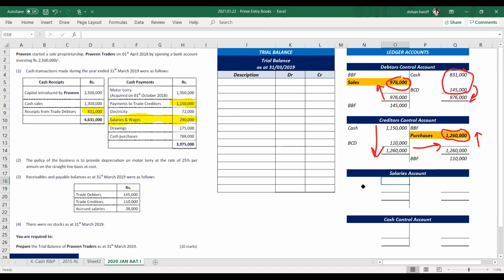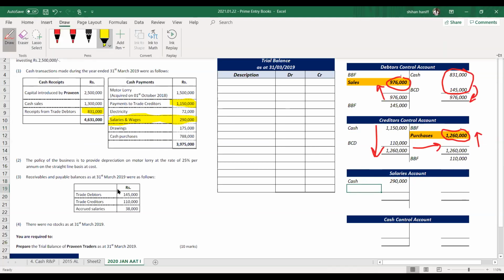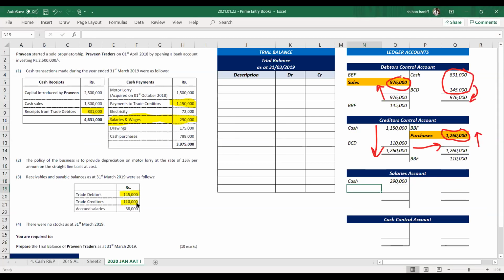So cash account is credited, salaries account will be debited 290,000.